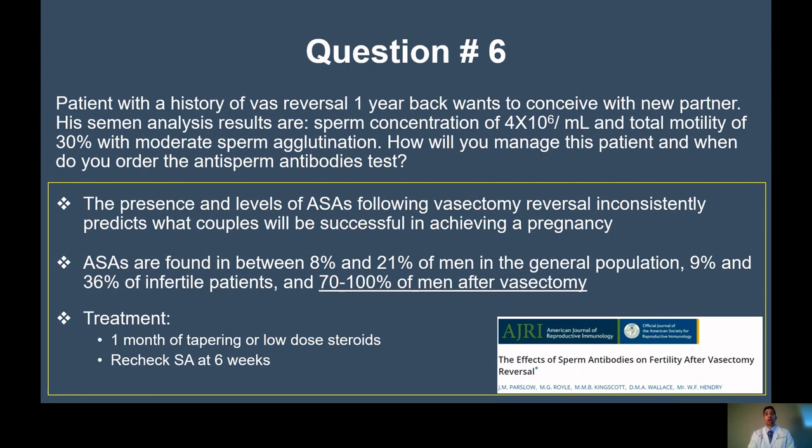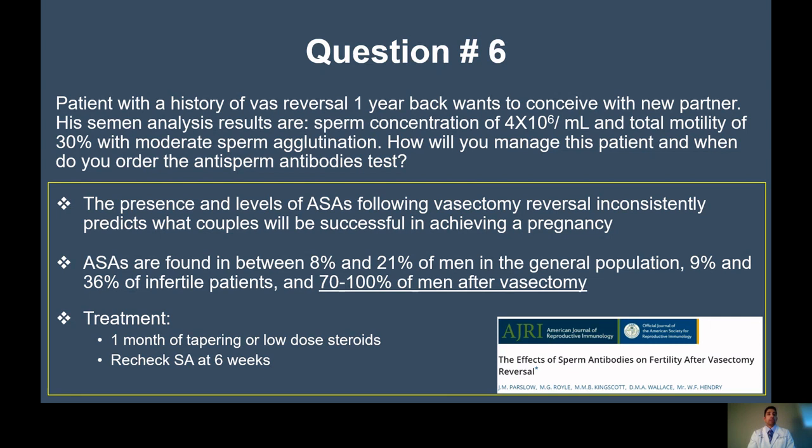However, up to 100% of men after a vasectomy will have anti-sperm antibodies. So this is a male that has a history of a vasectomy followed by a vasectomy reversal. There's a strong likelihood that he will test positive for anti-sperm antibodies. So really there is no role for testing in this clinical situation.